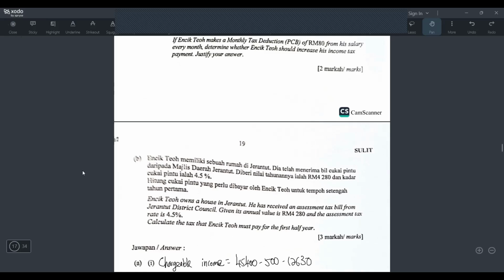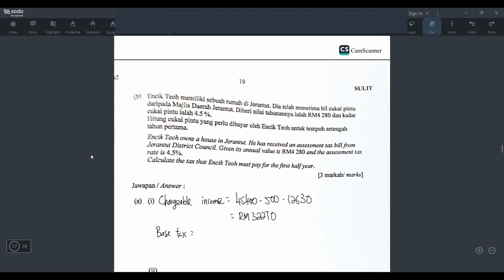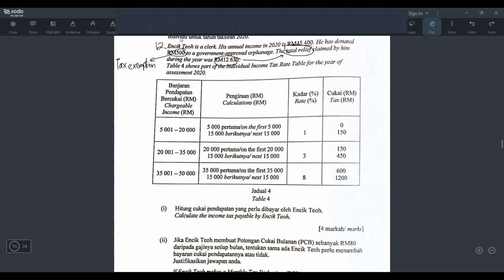Okay, how to look at your jadual? Your chargeable income is 32270, so pendapatan bercukai awak 32270. So this is the jadual, and we look at this bracket. So how to get your base tax? Your base tax is the one written above, on the amount here. And then your balance is this one, 15,000 berikut 3%.